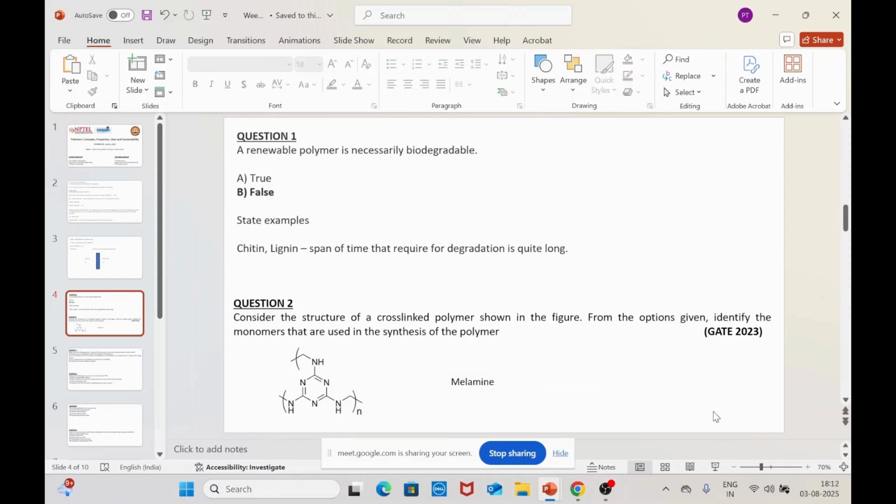Any guesses on how this melamine monomer looks? I mean, any idea on its structure?